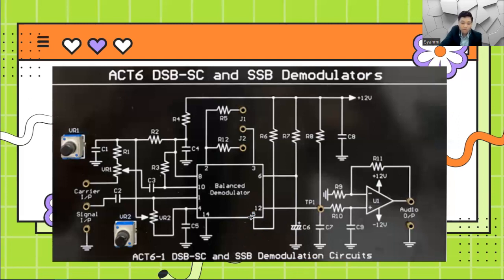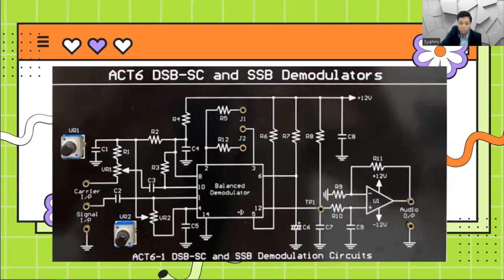The local oscillator signal is fed into the balanced demodulator, where a mixing operation is performed between the DSB-SC signal and the local oscillator signal. This mixing process multiplies the two signals together, resulting in the generation of sum and difference frequencies.